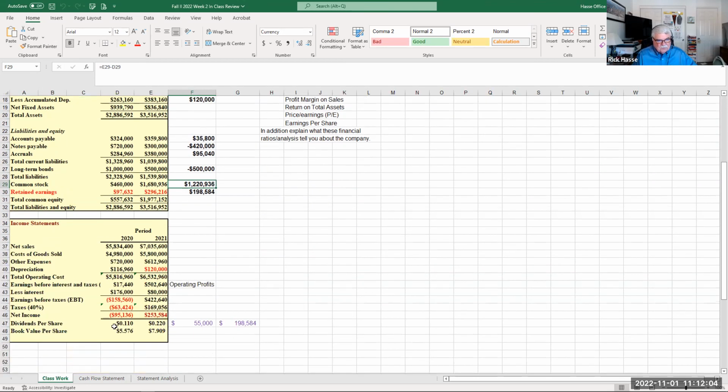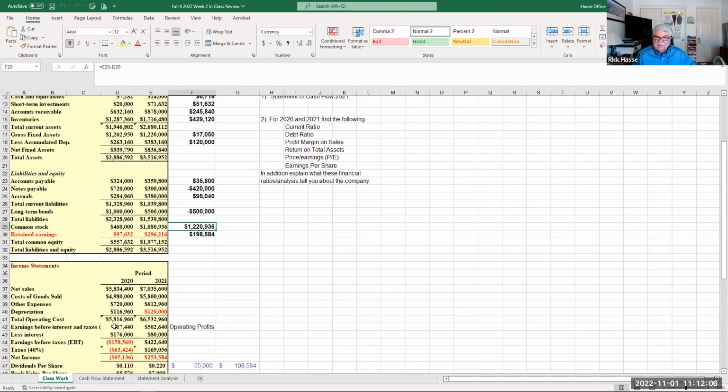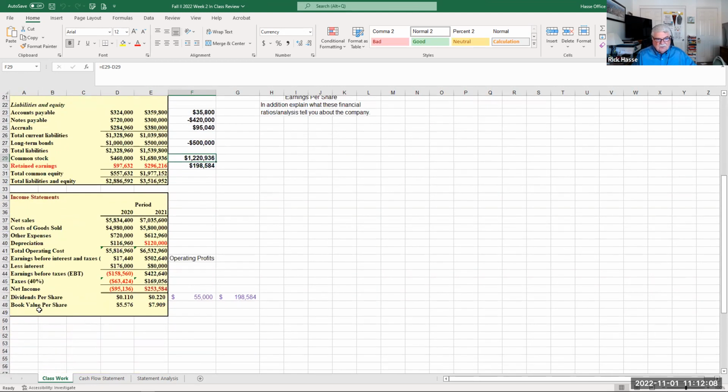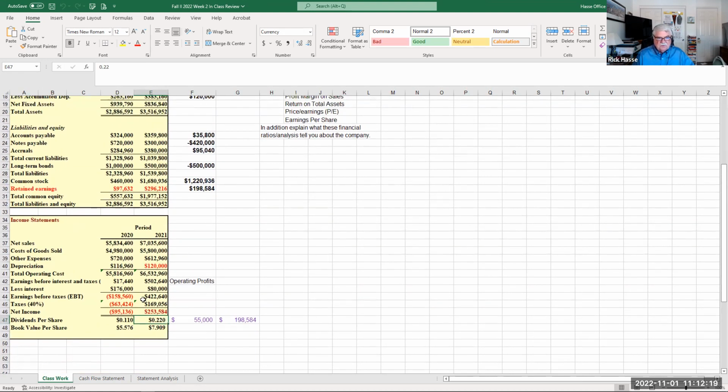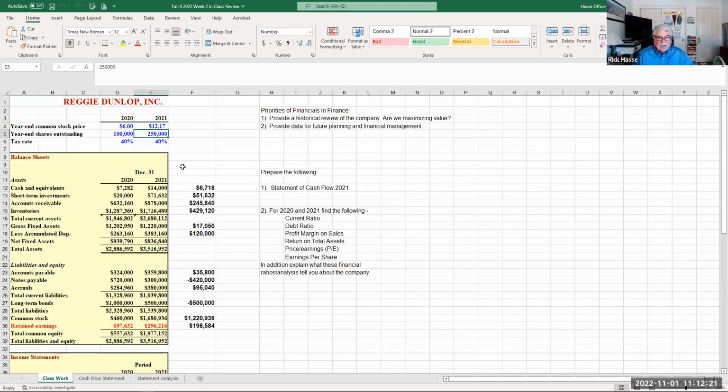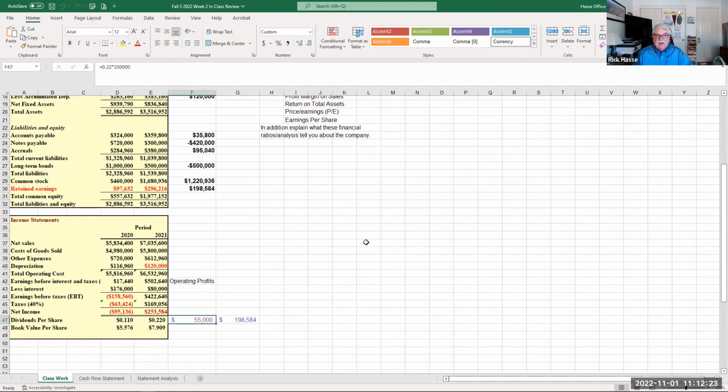So the net income is also a way of determining dividends. As you can see here, the company paid dividends to their shareholders in 2021 of 22 cents a share. If I take 22 cents a share times the number of shares of stock, I get $55,000.